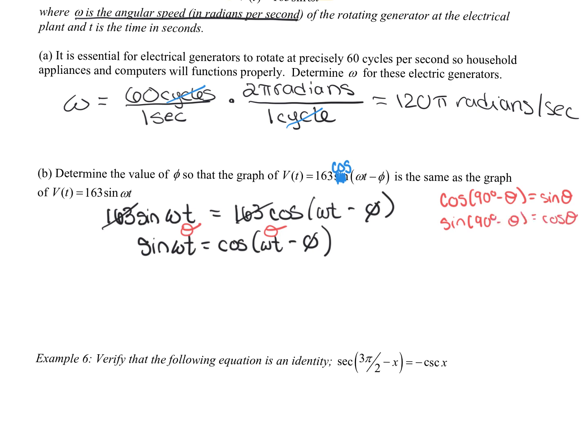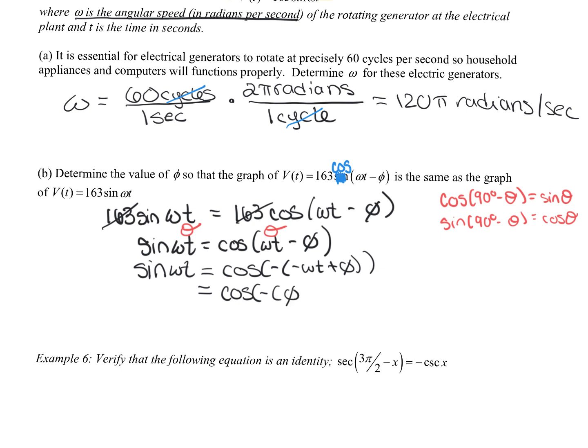So let me address that first, okay? Let me rewrite this. I'm going to leave the sine side alone, and I'm going to pull out a negative. That makes my omega t become a negative omega t, and that makes my phi become a positive. All I did was factor out the negative, and so equals, I'm going to rewrite this cosine of a negative.